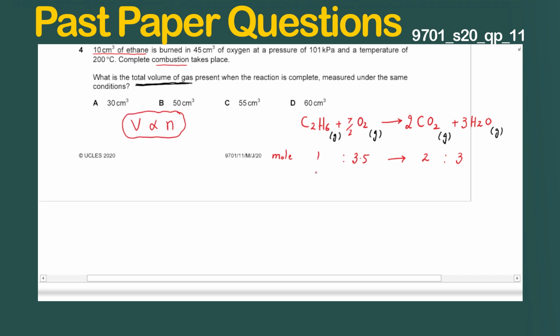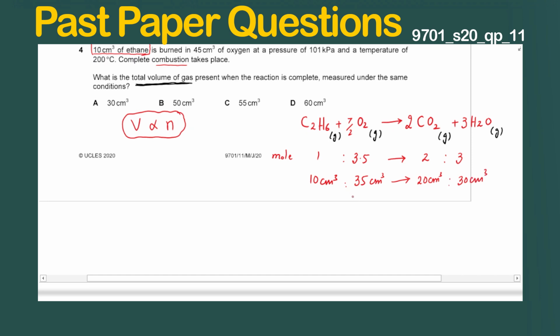If we have 1 mole, and for the ethane we have 10 cm³, then for 10 cm³ there must be 35 cm³ of oxygen used for this combustion process. That will give you 20 cm³ of carbon dioxide and 30 cm³ of H2O.